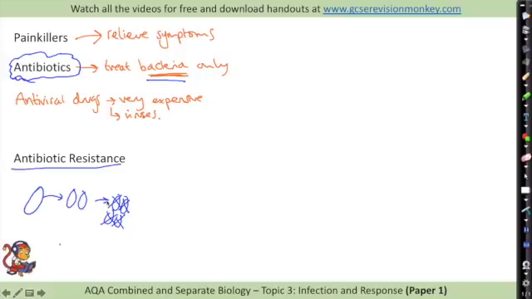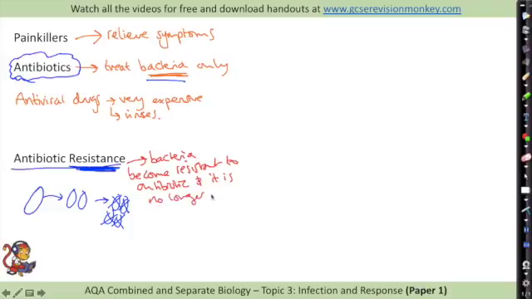However, there are problems in that the bacteria are becoming resistant to the antibiotics. So this is what is meant by antibiotic resistance, when the bacteria become resistant to the antibiotic and it is no longer effective. And this all comes about through mutation.